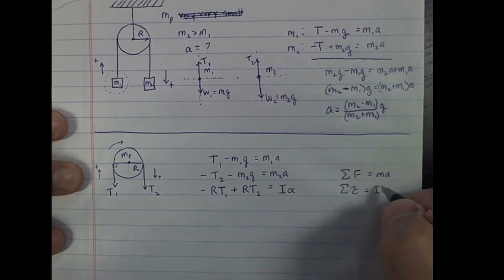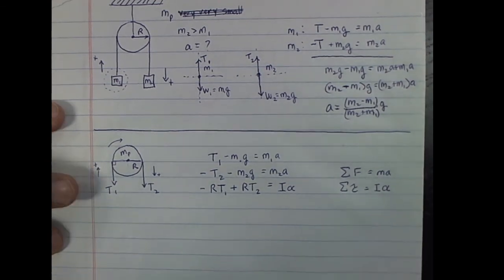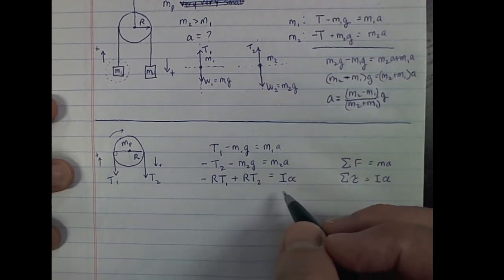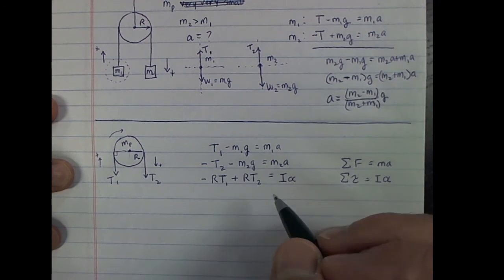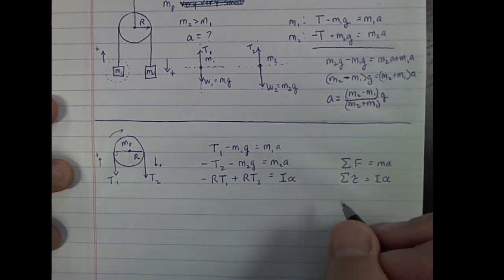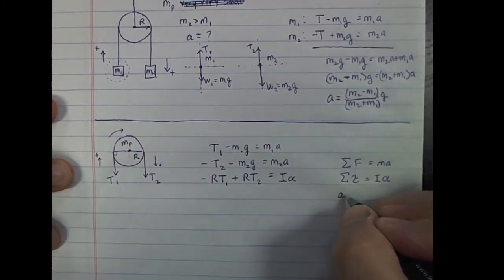Notice force, torque, inertia, rotational inertia, acceleration, rotational acceleration. Now we have to figure out how to get rid of these T's to get A. How is A connected to alpha? Well, we know if there's no slipping that A is alpha R.